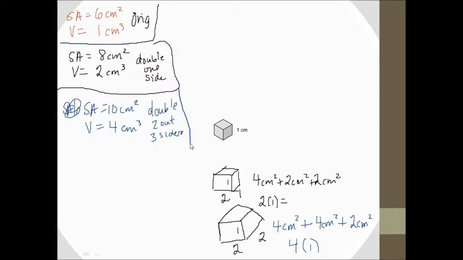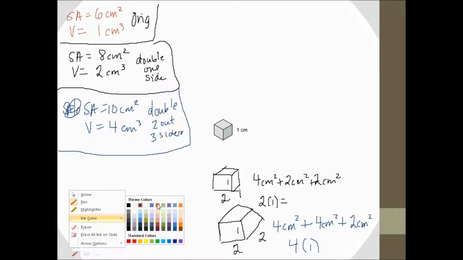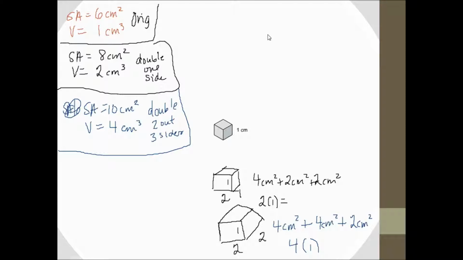We're going to see if we can come up with a pattern. And then last, if I doubled all sides, now I have a cube that is 2 by 2 by 2. So my surface area, this is actually a cube, so one face is 4 square centimeters times 6 faces.